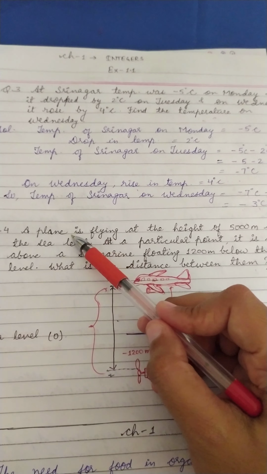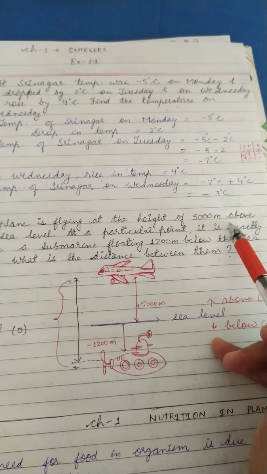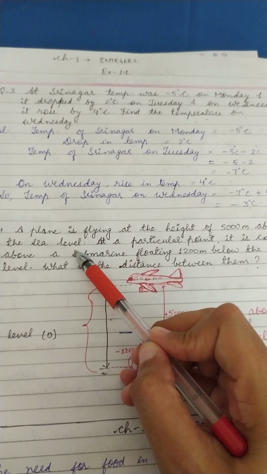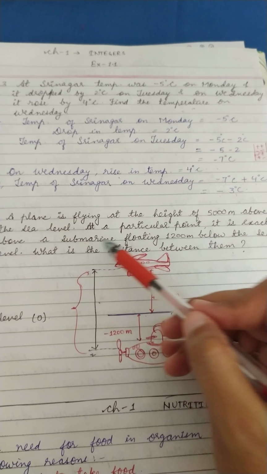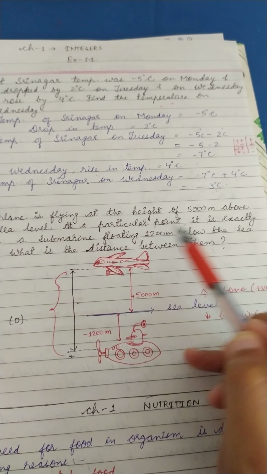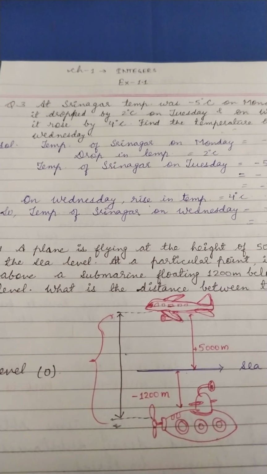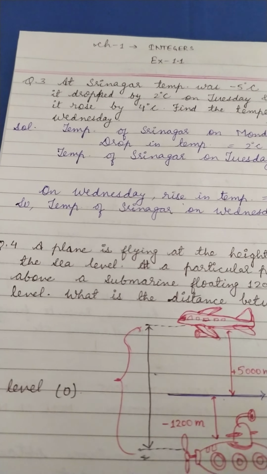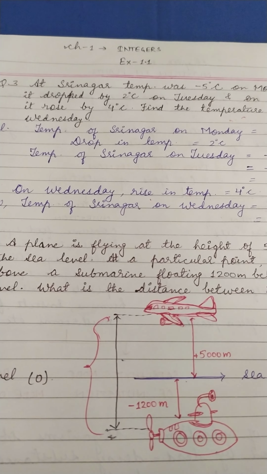Now fourth question. A plane is flying at the height of 5,000 meters above the sea level. At a particular point, it is exactly above a submarine floating 1200 meters below the sea level. What is the distance between them? So first of all, above the sea level or below the sea level, we need to understand.